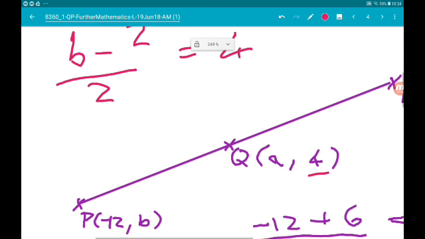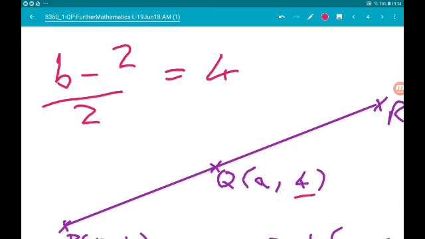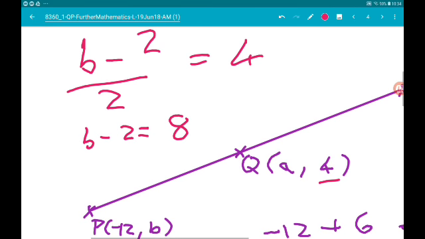Now if we multiply through by 2, we get b minus 2 is equal to 8. So b is equal to 10. Cool.